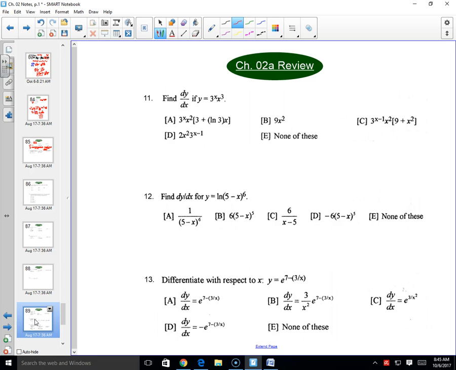How about number 11? That's the kind of difference. 3 to the x times x cubed. What rule would you need to use? Product rule.